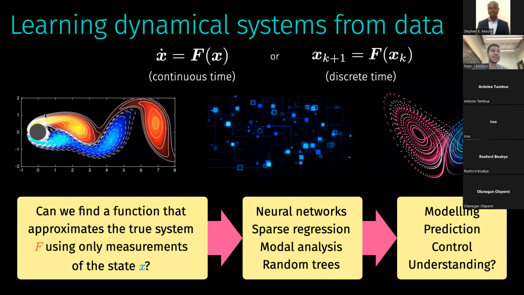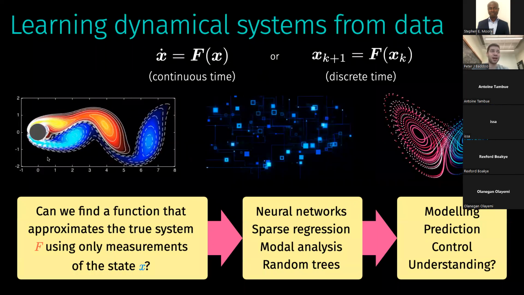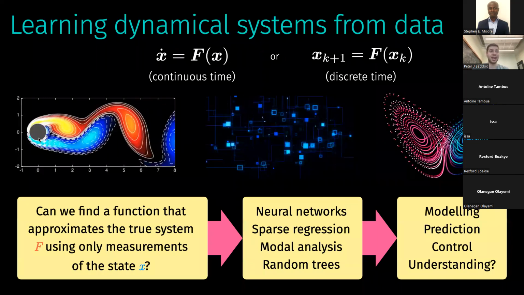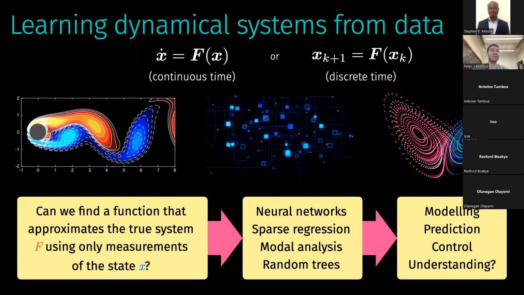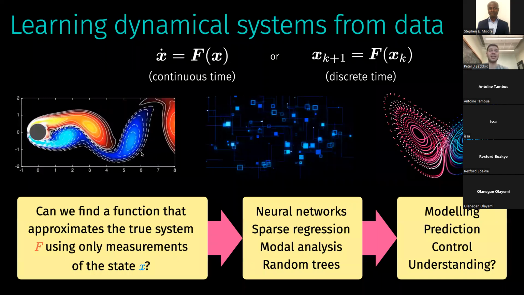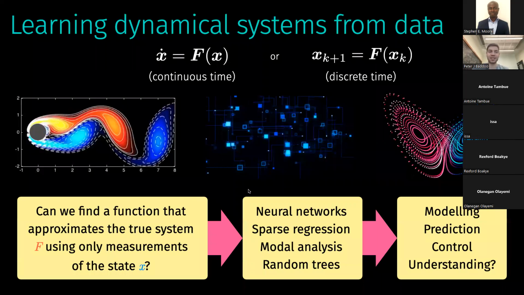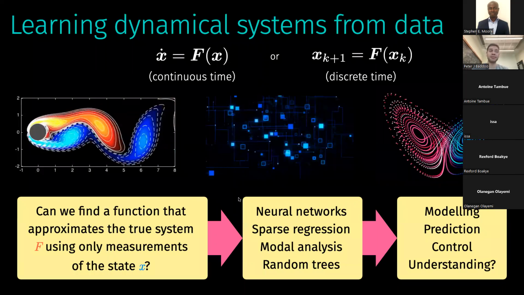You can see in this flow past a cylinder on the far left that even though the Navier-Stokes equation is very complicated, the solution of this PDE has some clear behavior. So can we analyze that behavior to find a simpler solution and a simpler model?